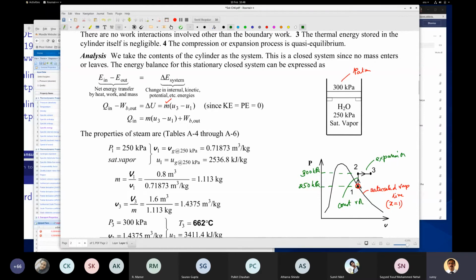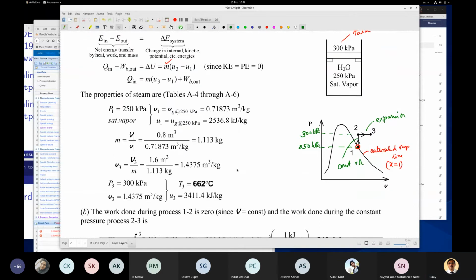So this is the process. This is constant volume, this is constant pressure, right? So finally it will be 300 kilopascal there, and if you know the volume, then the temperature, specific internal energy, everything is known, right?